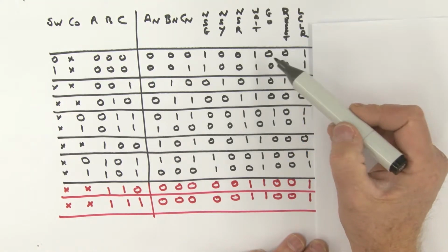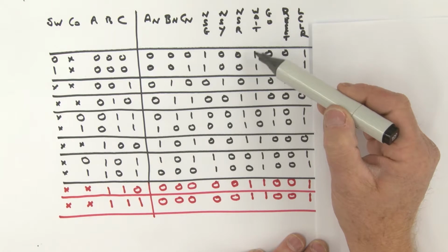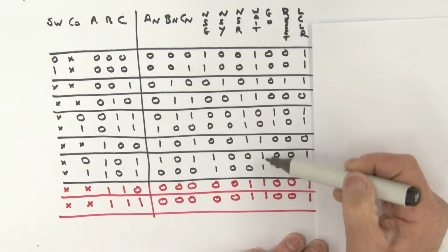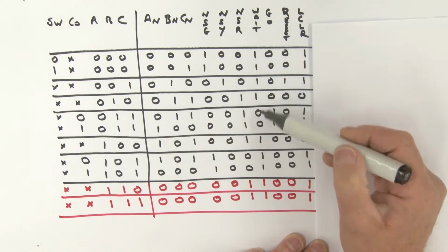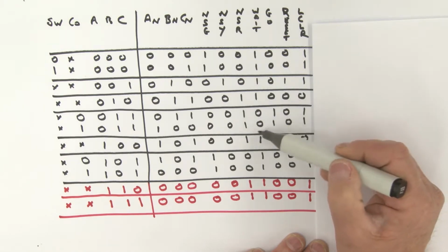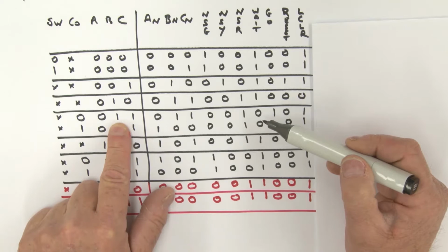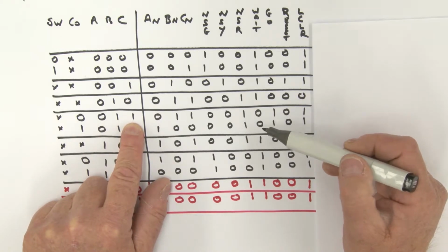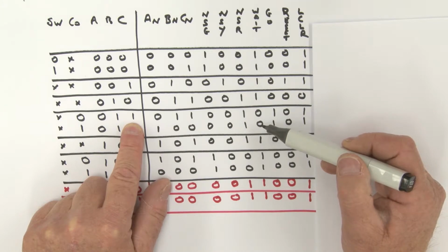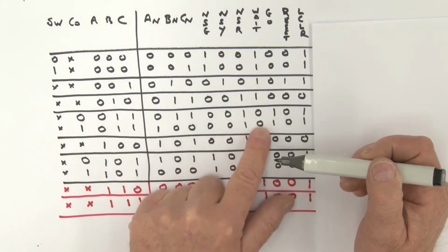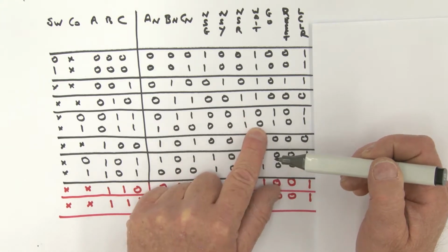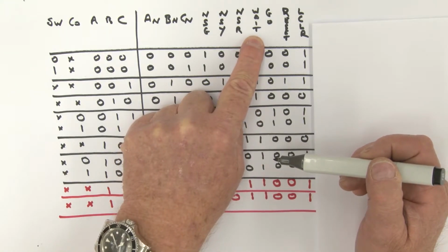Now let's have a look at the weight output. You'll notice that basically it is always 1 except when we're in this particular state over here, which is the 0, 1, 1 state. What we could do is actually implement the 0 and simply invert. If you implement the 0, you get the inverse of the function.